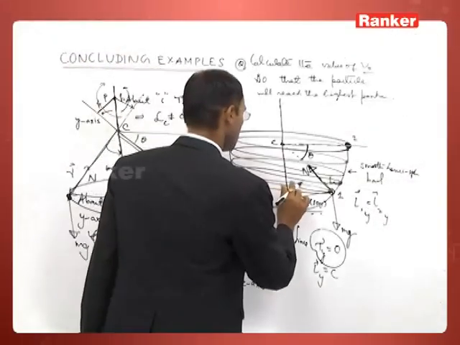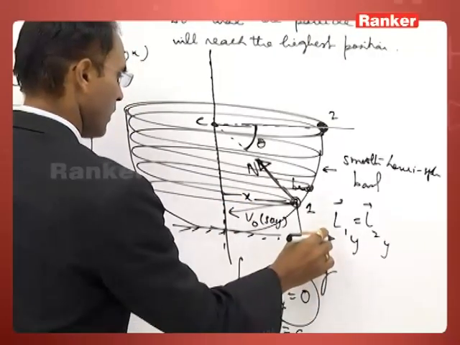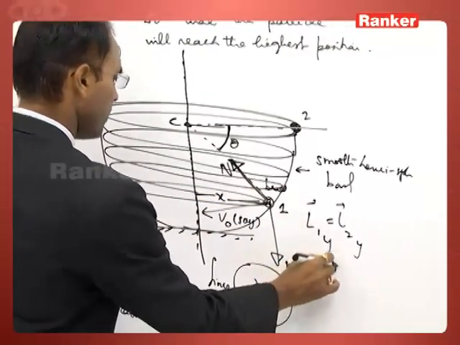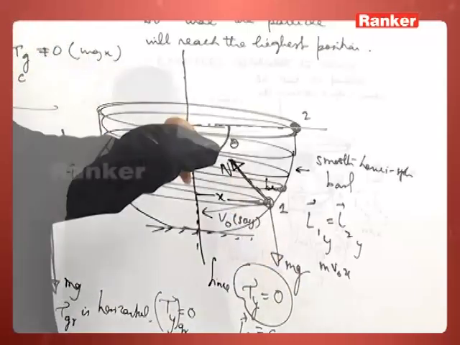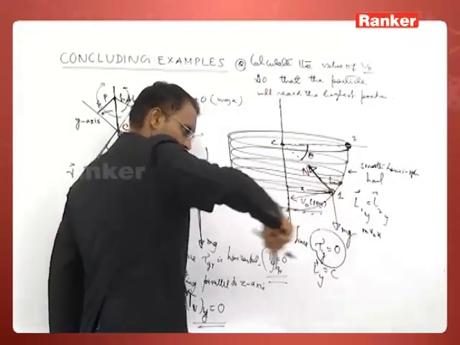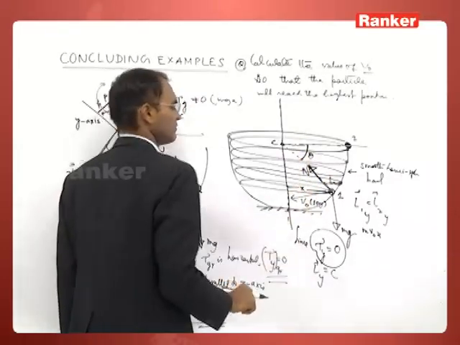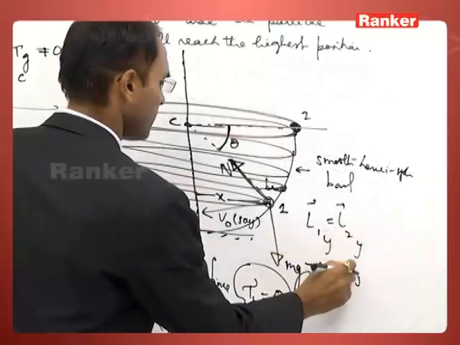Let it be x. So, initially the angular momentum is m v naught into x, along the y direction. Since it is revolving in this way, the angular momentum is downward, minus j k.